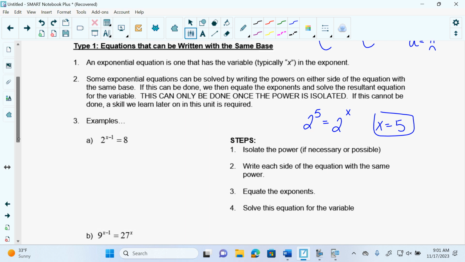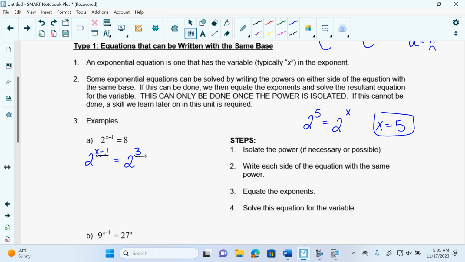What base can I make them both be? We always make them be a smaller base, not a larger base. 2. So we have 2 to the x minus 1, and 8 is 2 to the 3. Now what can we say? 2 to the x minus 1 equals 2 to the 3. If that's true, and these are both the same base, then this exponent must equal that one.